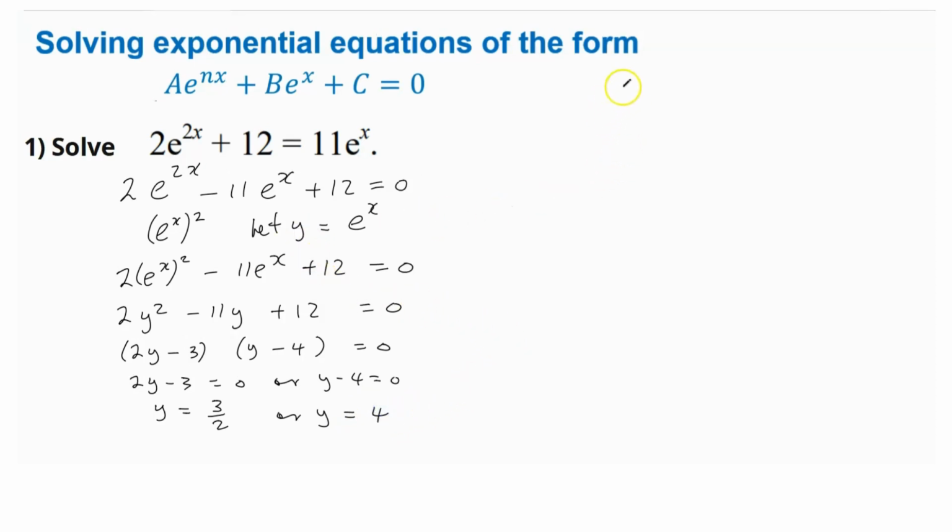So since e to the x equals y, we can find the value of x when y equals 3 over 2. So we would have e to the x equals 3 over 2.